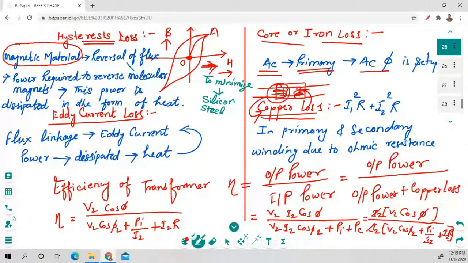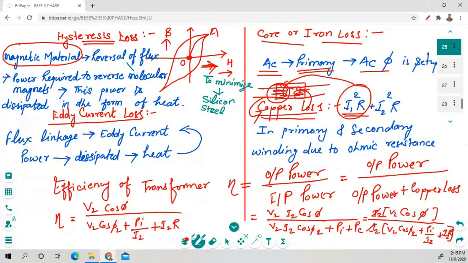When any loss occurs in these windings, it is called copper loss. So how can this loss be calculated? On the primary side, you can calculate this loss using I1 square R. You can calculate this using the formula.